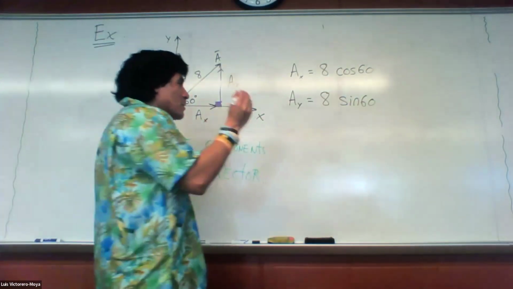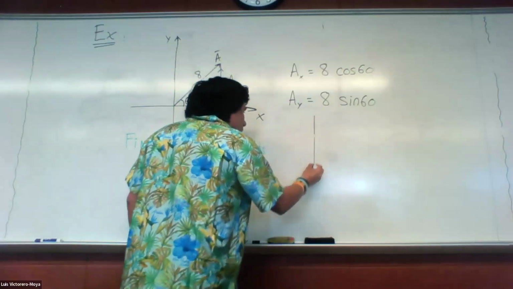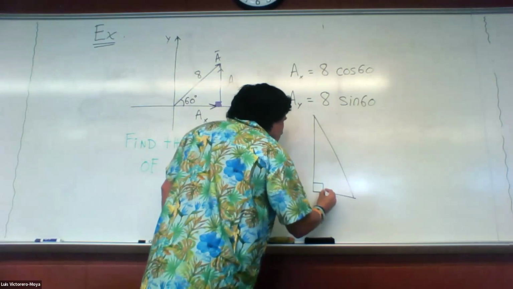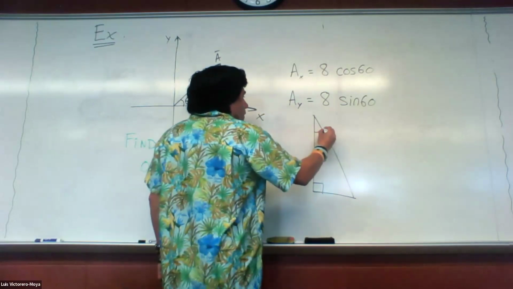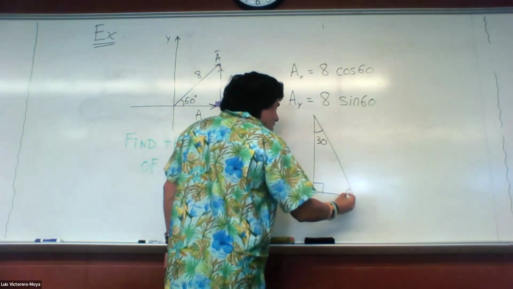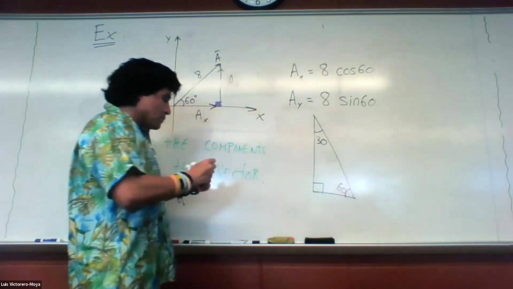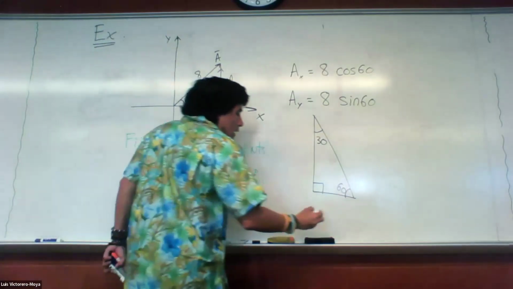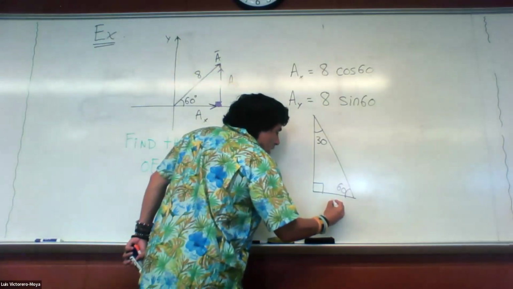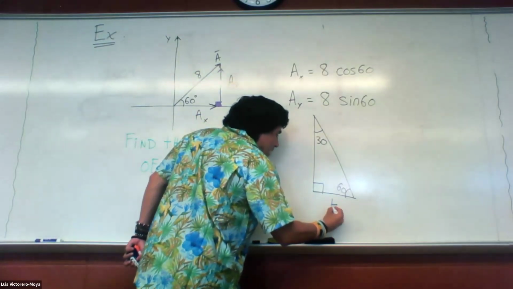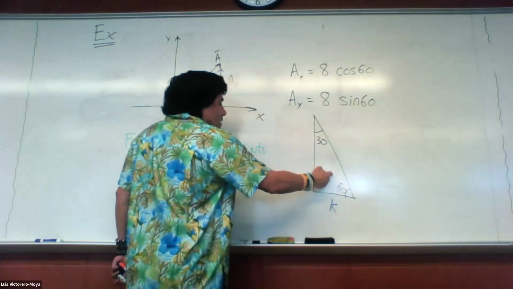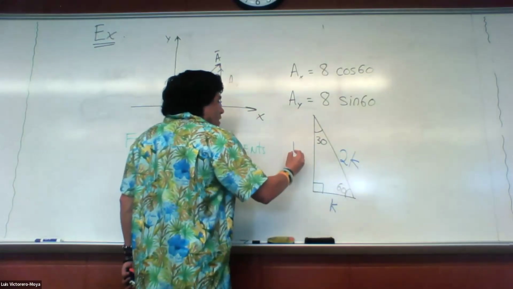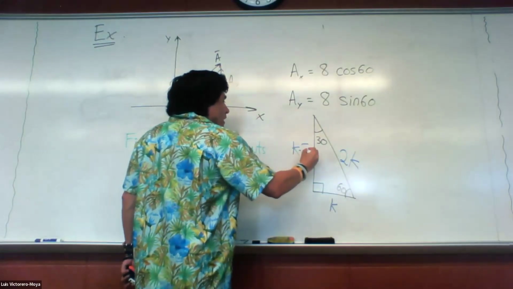However, I don't know how many of you remember, but just in case, I want to put it here, the 30-60 triangle. In that particular triangle, this is, let's use K, this is like 2K, this is like K root 3.